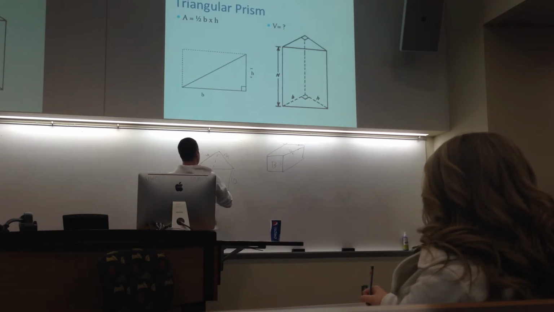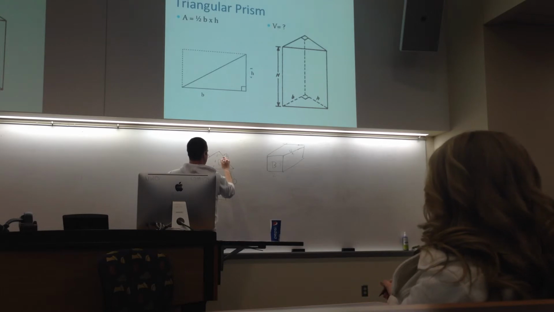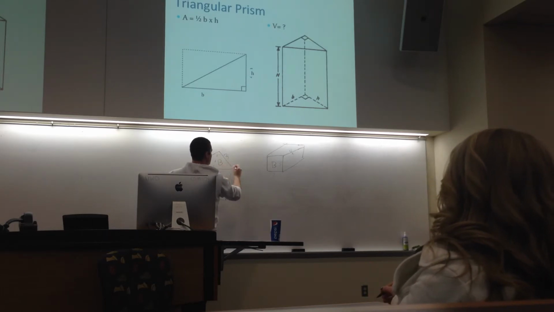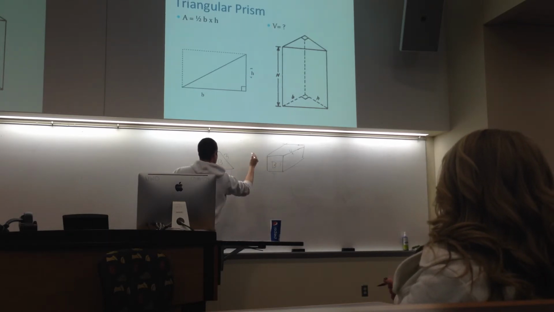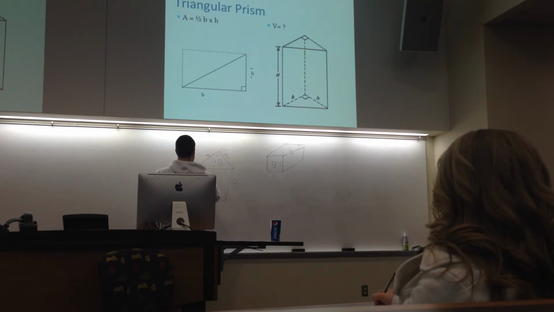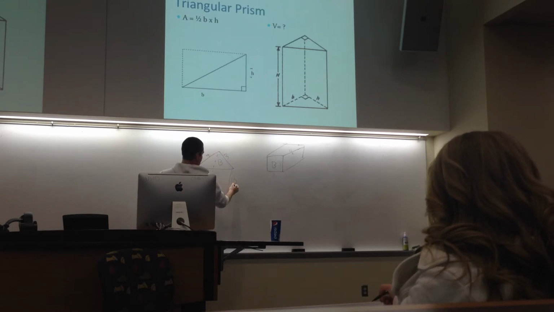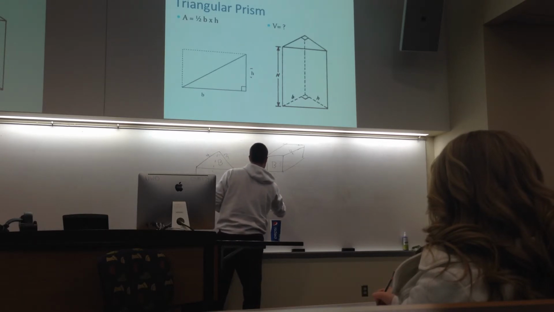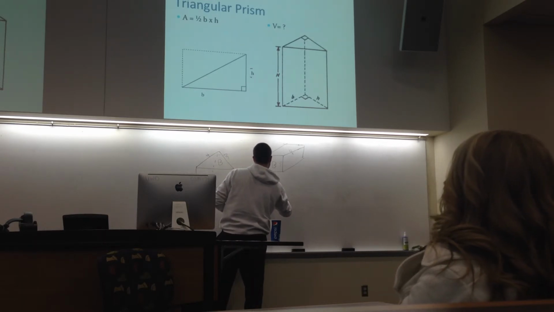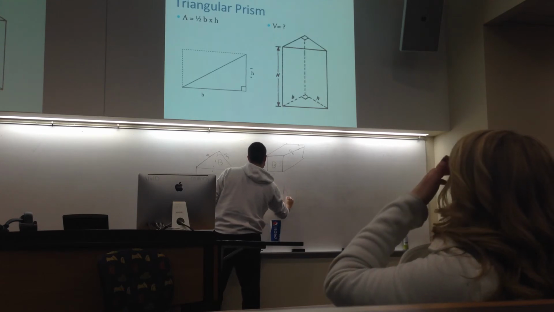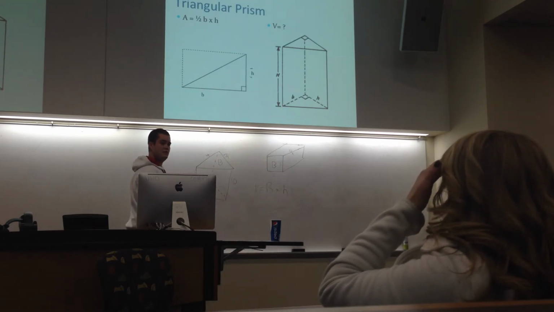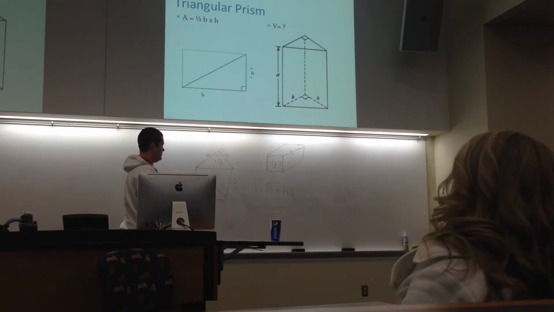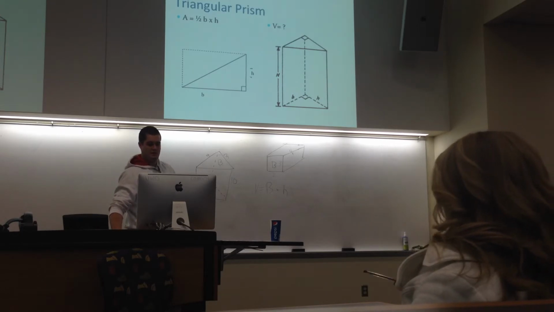And again, we see that common formula, the area of the base, which we represent as the big B, times the height, which in this case is 10. So volume, again, is equal to the area of the base times the height. And what did you get for an answer for this one? 60 units cubed. Nice job.